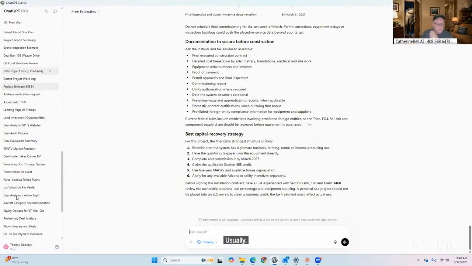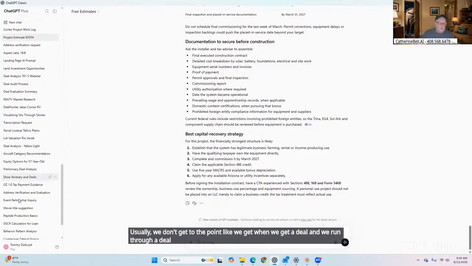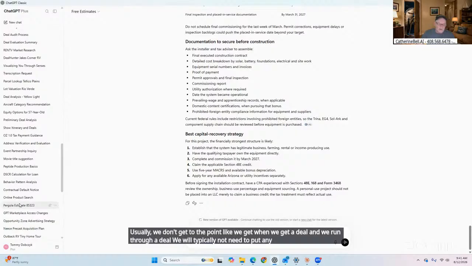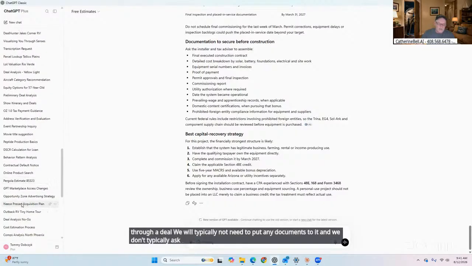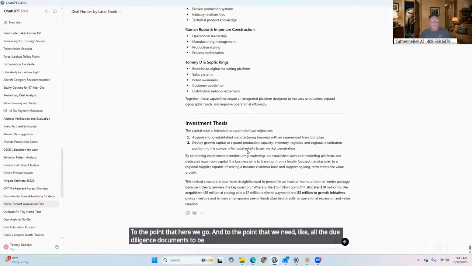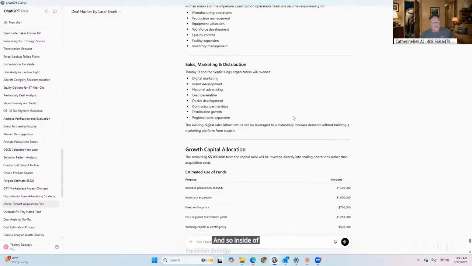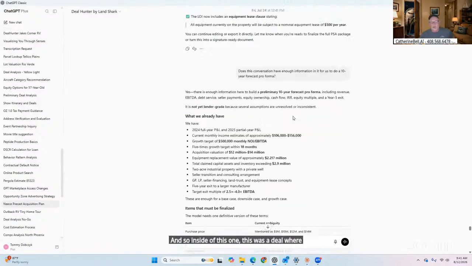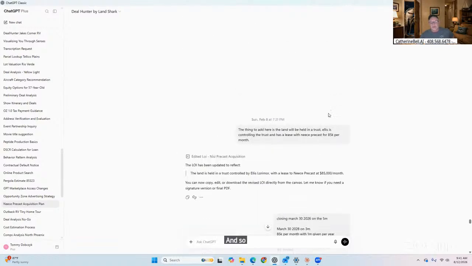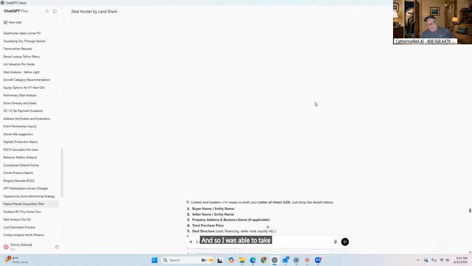Usually when we get a deal and we run through a deal, we will typically not need to put any documents to it. We don't typically ask for documents until we get to the point that we need all the due diligence documents to be verified. Inside of this one, this is a deal where we're buying a company, and it's got land to it too.